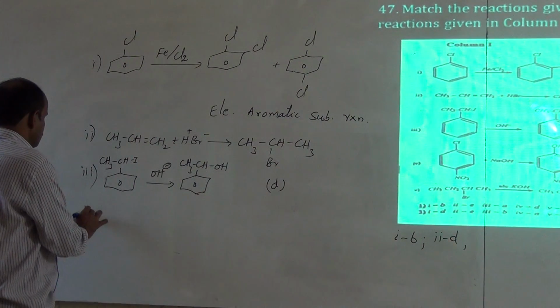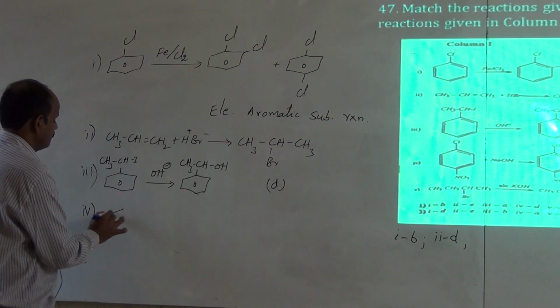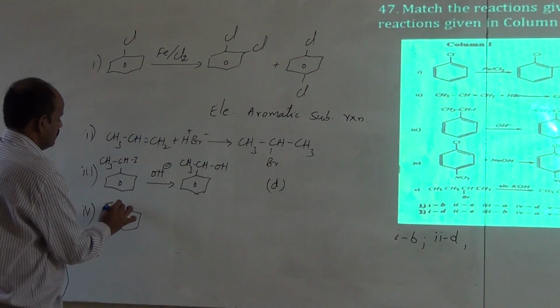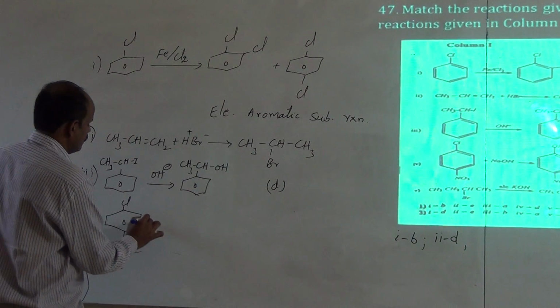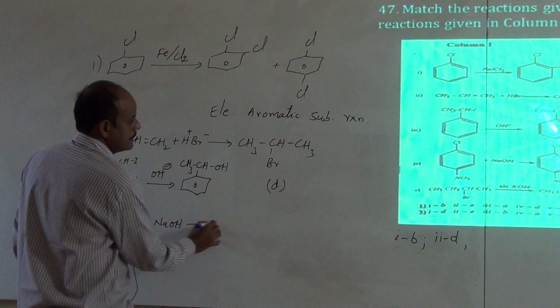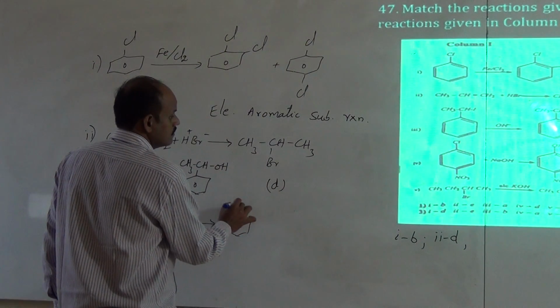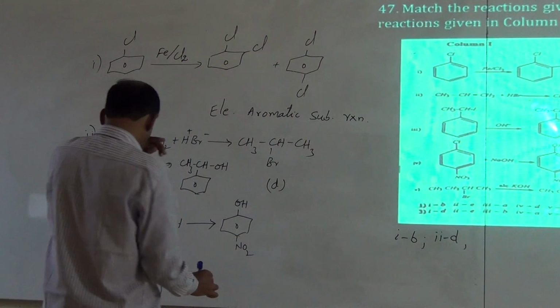Next, fourth one. What is the fourth one? Cl, here NO2, which reacts with NaOH, gives rise to OH, NO2.